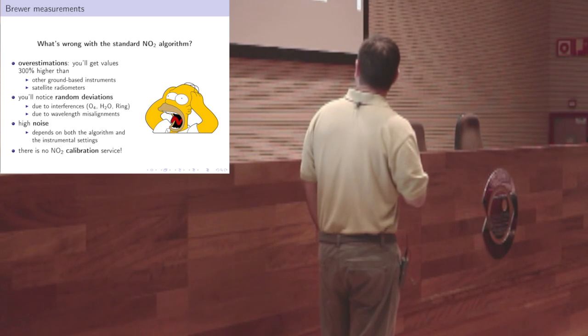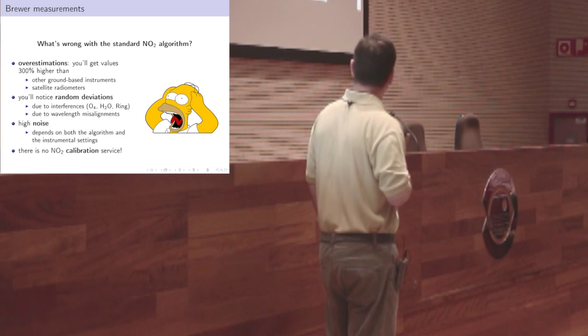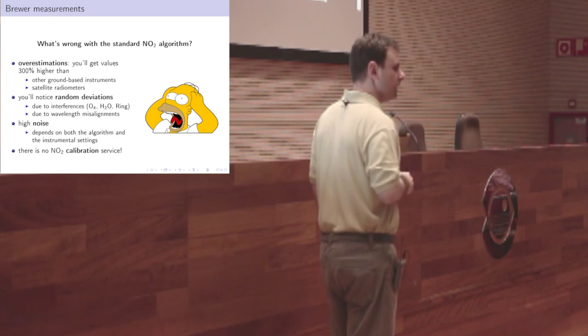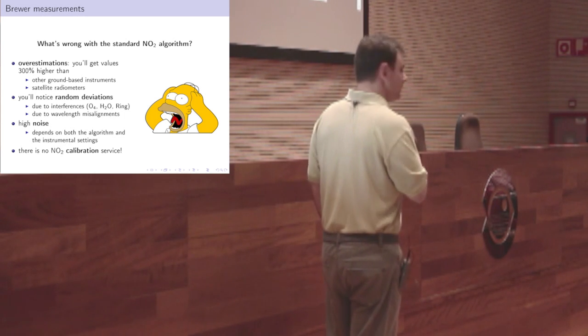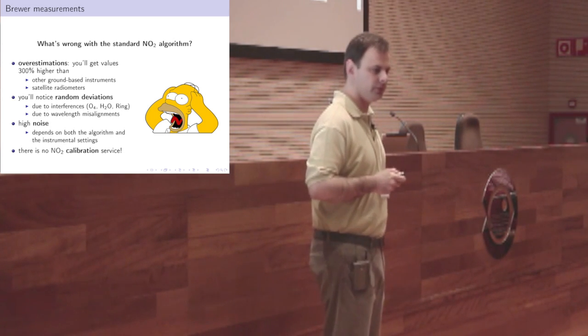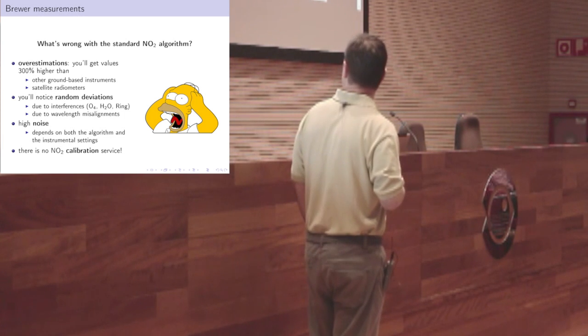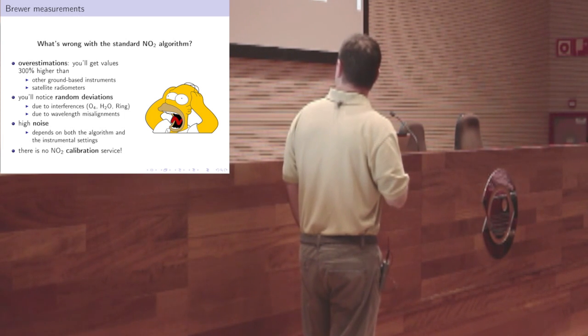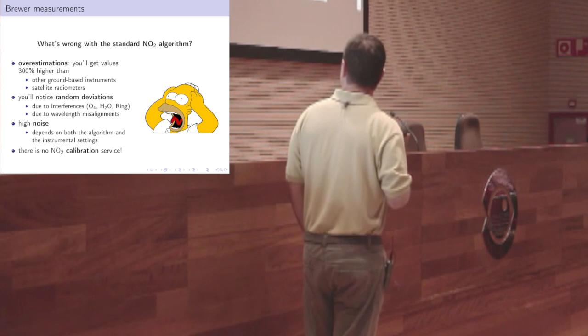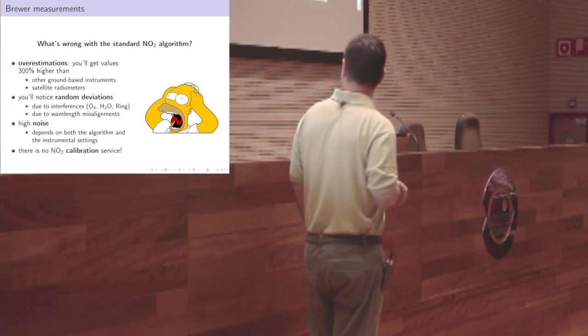You will notice random deviations which are probably due to the oxygen dimer, the water vapor, the ring effect, and wavelength misalignment. The Brewer is very sensitive to wavelength misalignments for nitrogen dioxide measurements. You will also have high noise, depending on both the algorithm and the instrumental setting, the wavelengths.